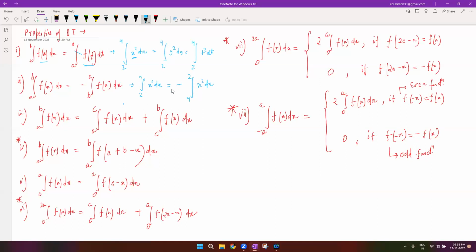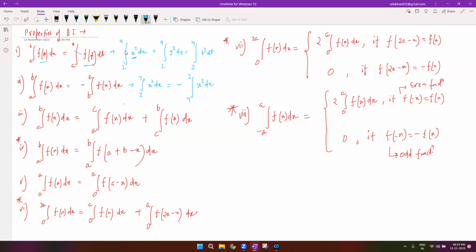Both are the same thing. So we can always interchange the limits of a definite integral, and when we exchange the limits, we just have to put a negative sign.